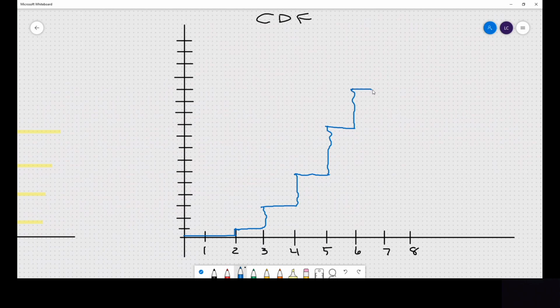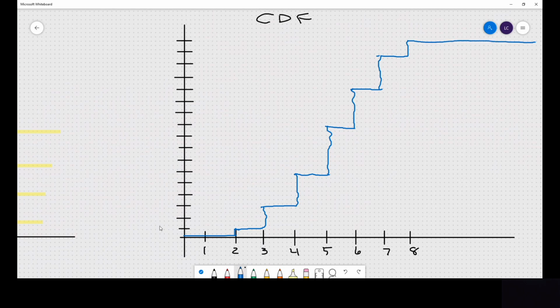It comes over to 7, it goes up 2, 1, 2. I think it's right. Let's see. I think I'm right here. I'm supposed to be right there. Oops. 7 goes up to about right there. And then finally at 8 it goes up to 1, and it stays at 1 forever.